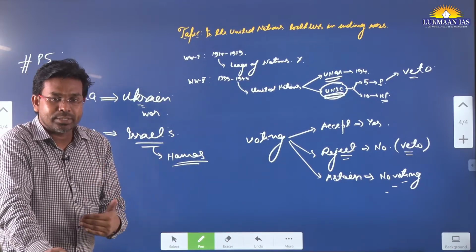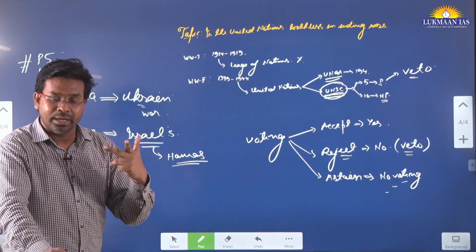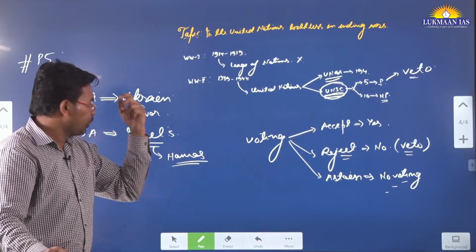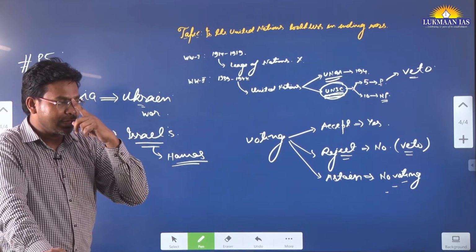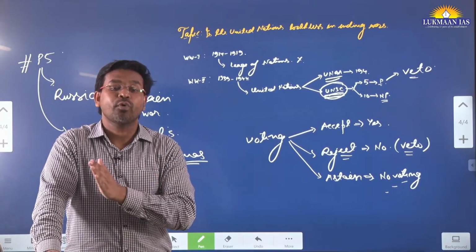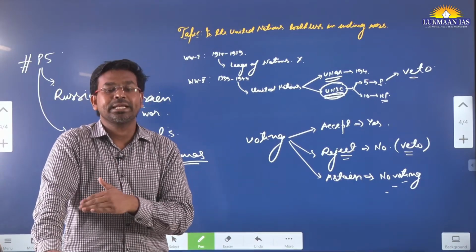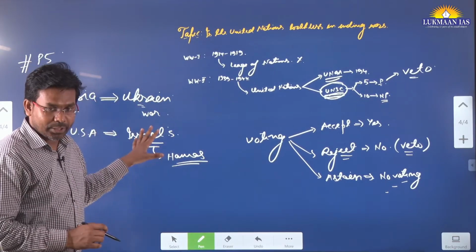USA is totally supporting, not only financially but also militarily and diplomatically. Many secretaries and diplomats of USA are continuously interacting with foreign powers and foreign parties, so that they do not enter into this particular war.